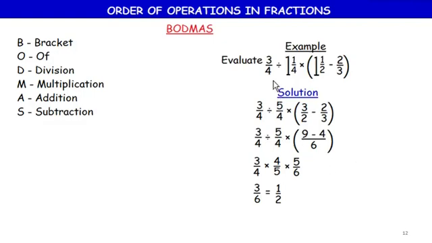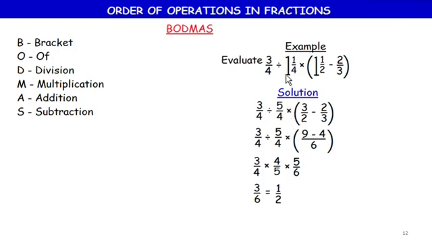Whenever you are solving fractions, the first thing you have to do is make sure you change all mixed numbers to improper fractions, right? So that is the first step you do even before you apply the BODMAS.